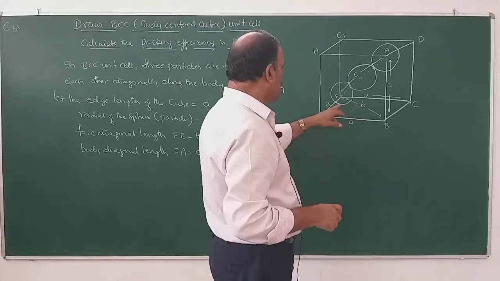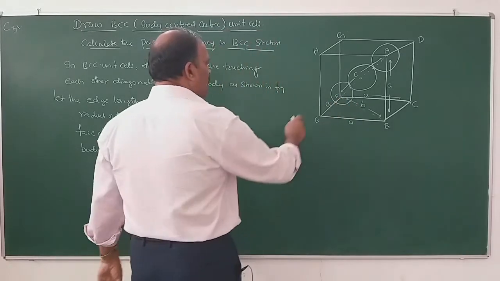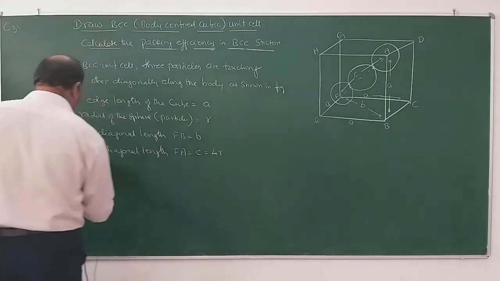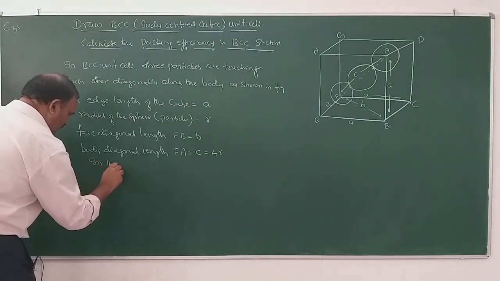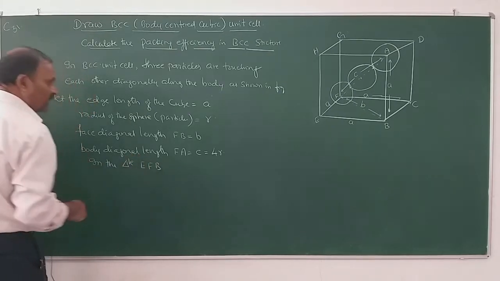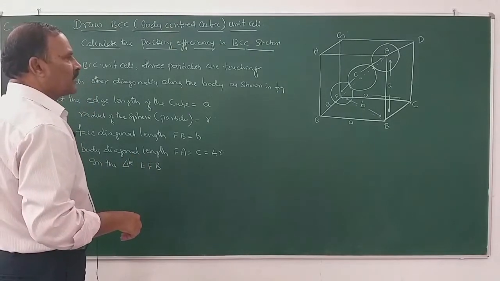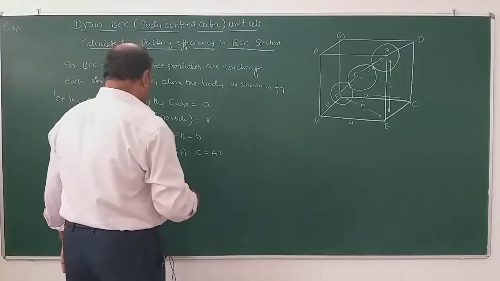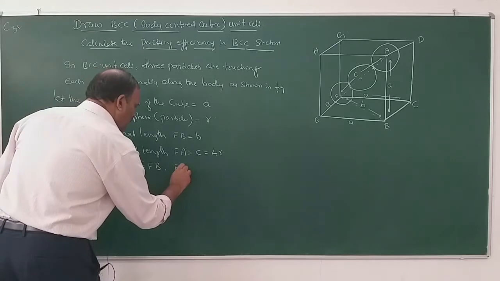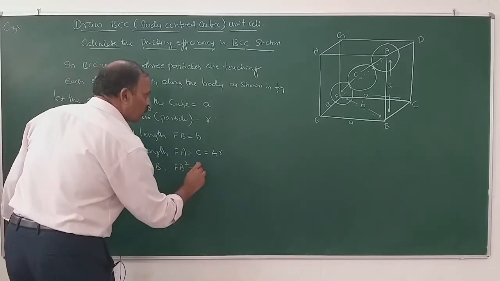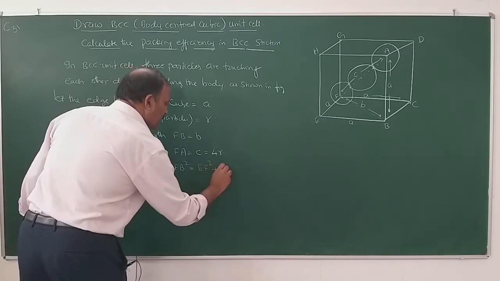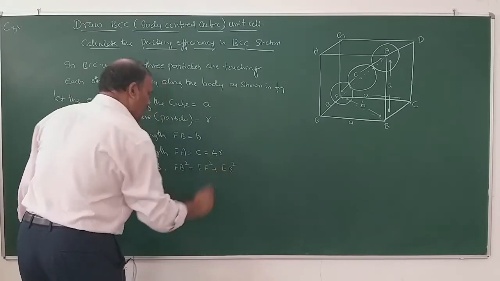In the triangle EFB, FB square is equal to EF square plus EB square.